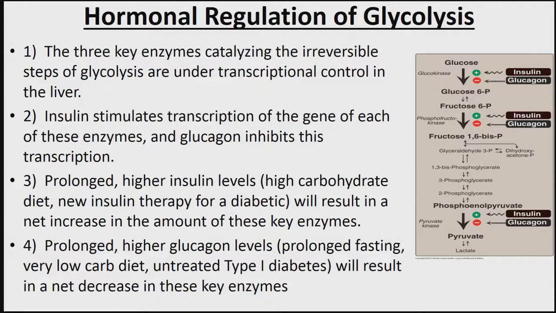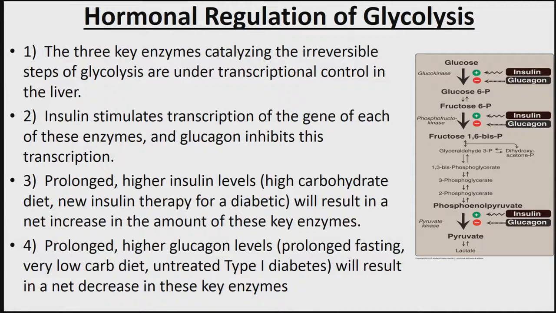An easy way to think about it is to think about a low carb or a high carb diet. And when I say low carb, it's easy to just think, let's just say no carb. So if you have a no carb diet, you're never processing any glucose through the liver.